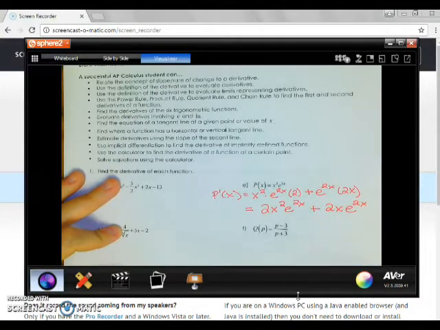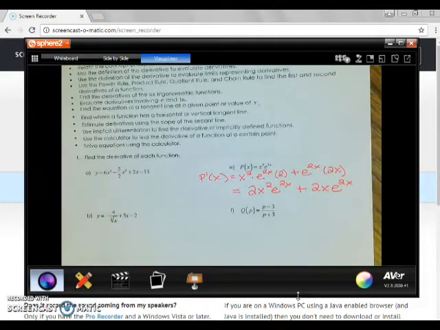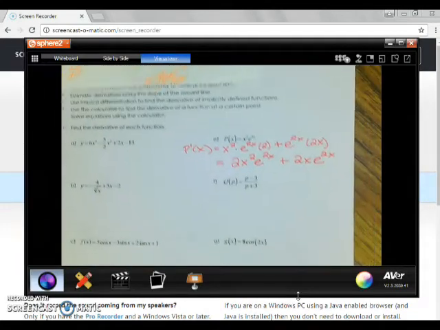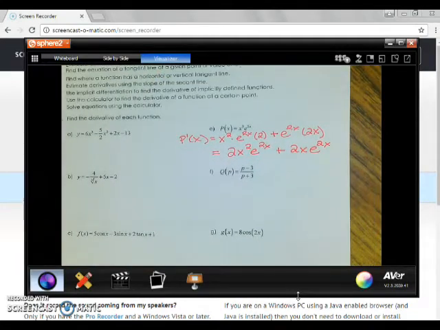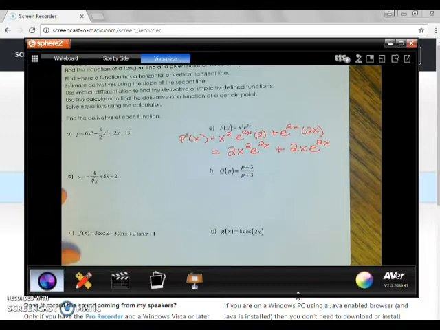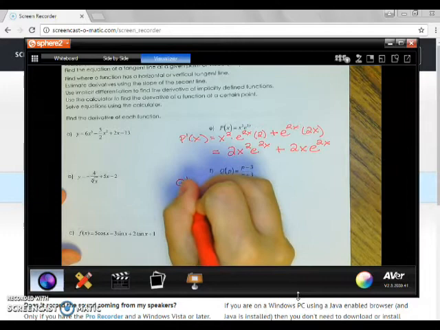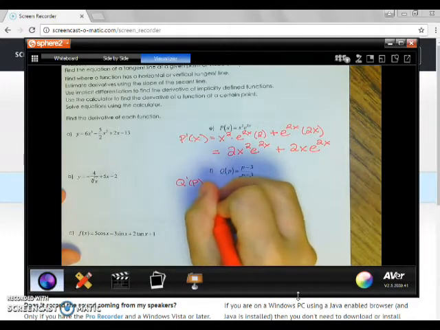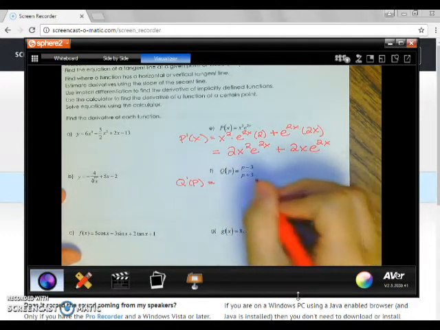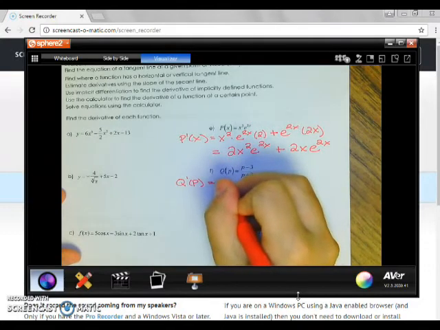All right, for letter F here, you're going to be using the quotient rule. With your quotient rule, remember it's low d high minus high d low, all over low squared. So to find the derivative, q prime of p, we're going to do the low one, so you leave that just as it is.